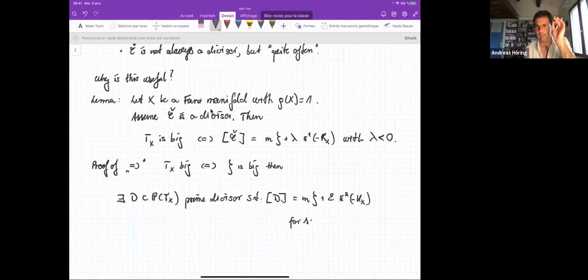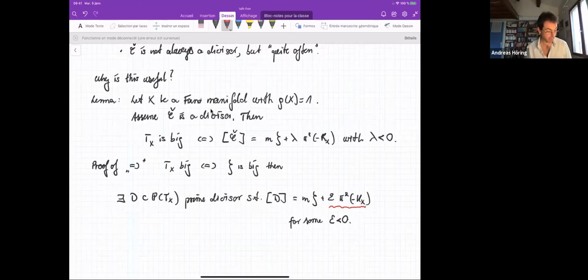Zeta big means that if you take some multiple, then you will have a lot of sections. In particular, you're effective. But it says a bit more because, as I told you in the first talk, bigness is an open property. So you can subtract a little bit of positivity and you're still big. In particular, some multiple will have a section, and this is what gives you the divisor D.